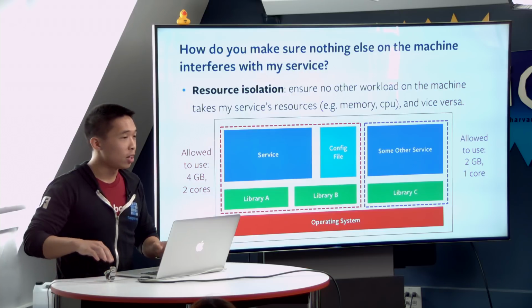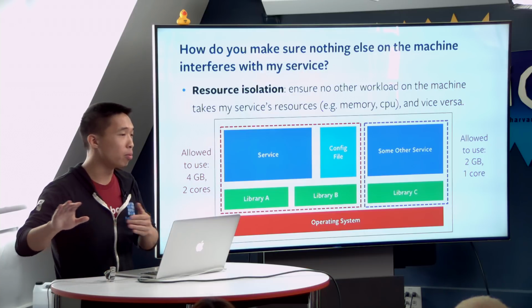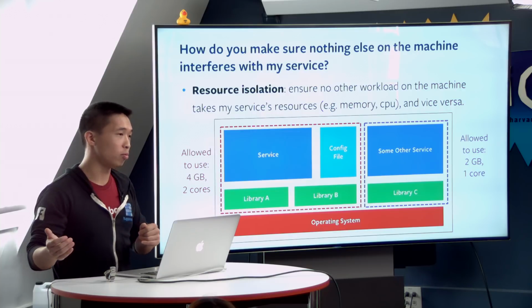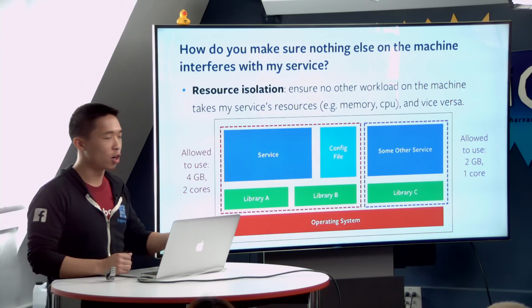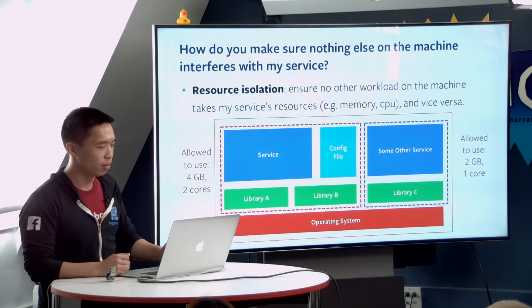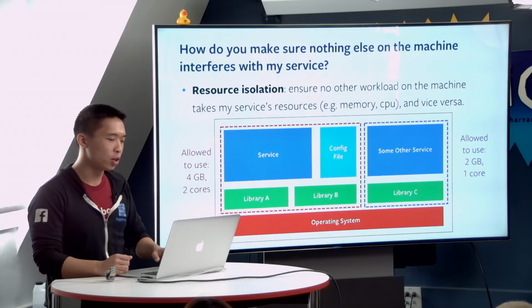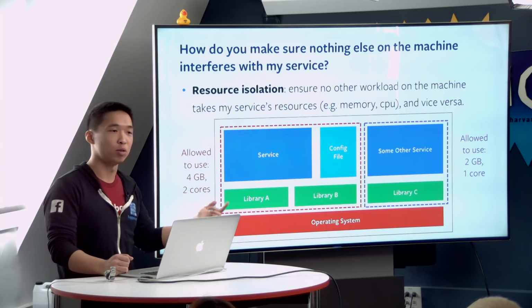I want to make sure that other service doesn't take more memory and start using some of my service's memory, causing my service to crash or slow down. And vice versa, I don't want to interfere with the resources used by that other service. So this is a resource isolation problem. You want to ensure that no workload on the machine interferes with my workload and vice versa.